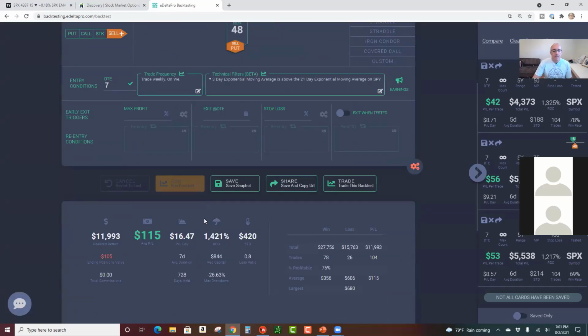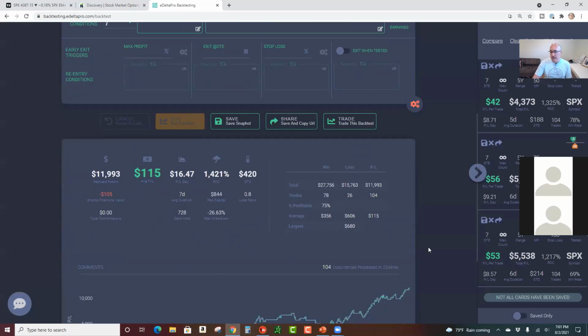But what I wanted to point out here is, let me zoom down here. This is the 5 wide here, which averaged $60 a trade, and the 10 wide averaged $115 a trade. But the 10 wide actually had a slightly better win rate.